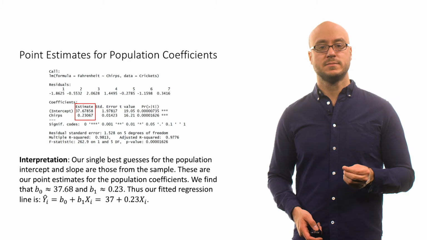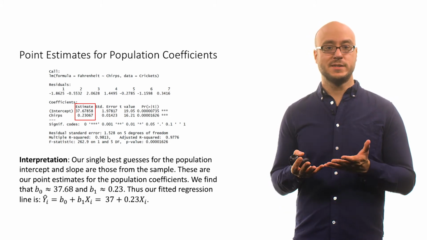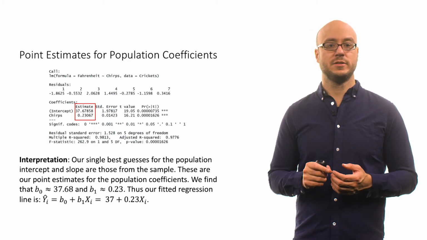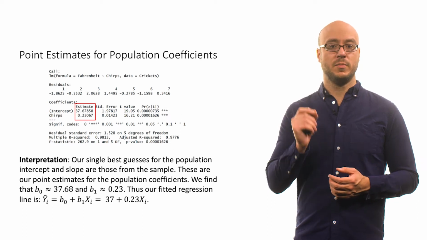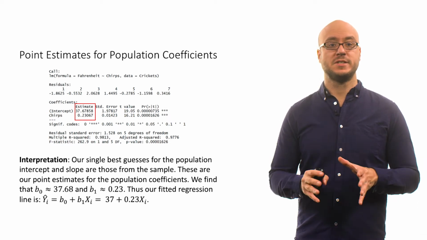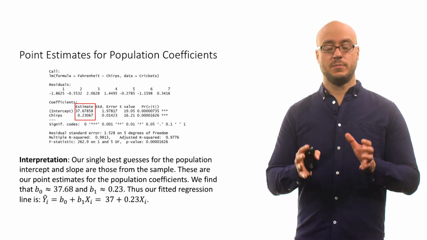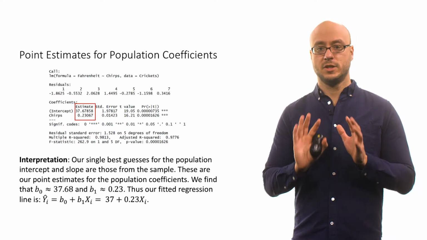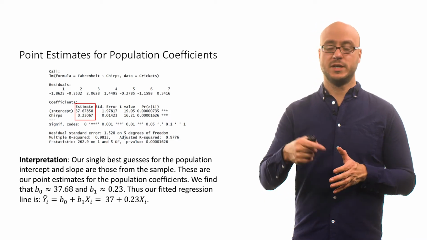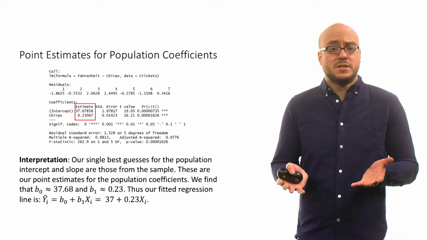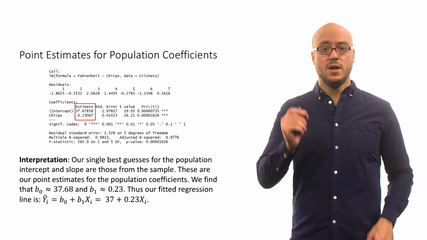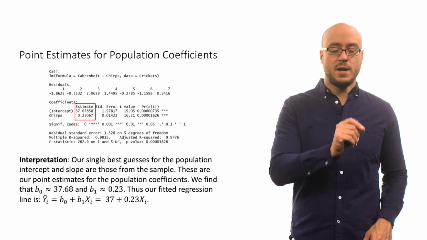Then you can see here that we have point estimates for the intercept and cricket chirps. The point estimate is just our best guess for the population intercept, and it's our best guess for the population slope from this sample. So if you were just to look at the sample estimates, just run a simple linear regression on the sample, you would get these 2 values. But in absence of additional information, our best guess for the population intercept is our sample intercept.